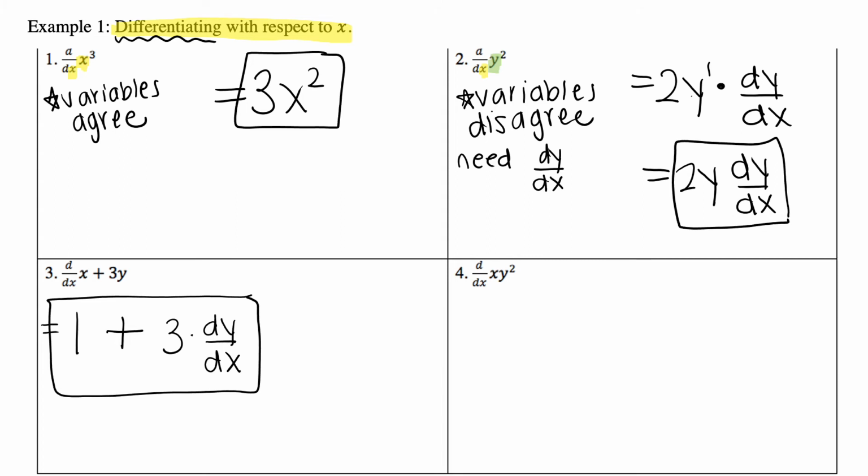Number 4, finally, we are looking at d dx, the derivative with respect to x, of x times y squared. Because we are multiplying two different things, we need to break out the product rule, where we have our first function as x and our second function as y squared.